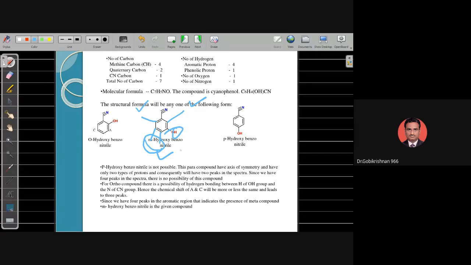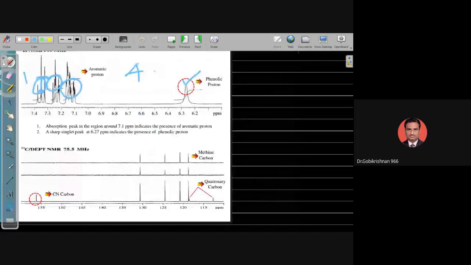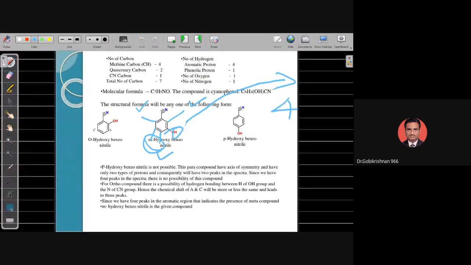For the meta-hydroxy benzonitrile, you will have four different types of protons. And here we are having four different types. This is 1, 2, 3, and this is 4. Therefore, the probable structure will be meta-hydroxy benzonitrile.